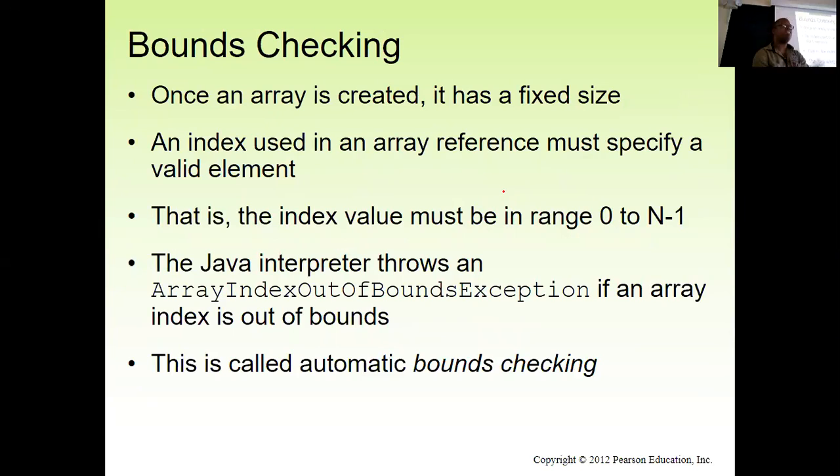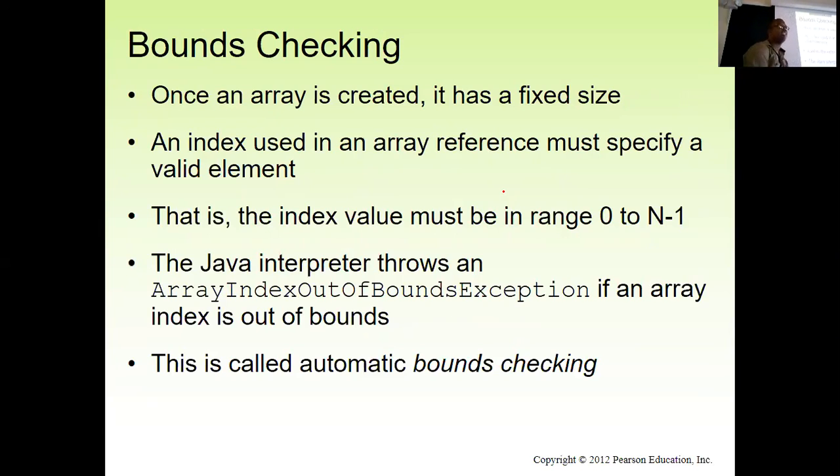Now, it is easy for you, as you would have seen, to not pay attention to the number of valid indexes in an array. And if you end up trying to reference an index that doesn't exist, then you will get what is called an exception.